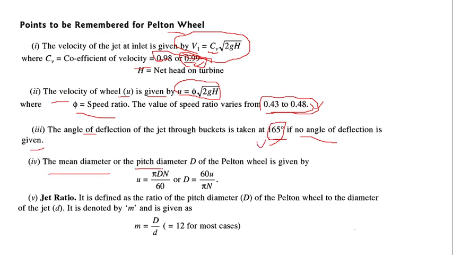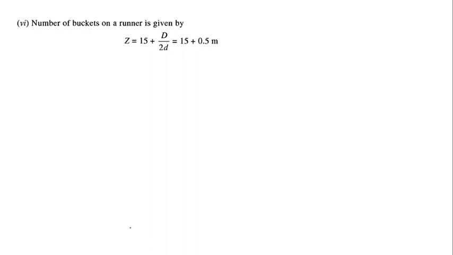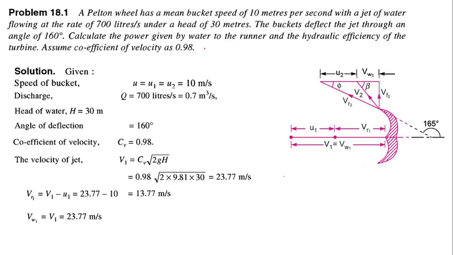The wheel diameter or pitch diameter D of the Pelton wheel is given by U is equal to pi D N by 60, so D is equal to 60 U by pi N. Jet ratio, the ratio of the pitch diameter of the Pelton wheel to the diameter of the jet, capital D by small d, is equal to 12 in most cases. The number of buckets on a runner is given by Z is equal to 15 plus D by 2d, where D is the pitch diameter of the Pelton wheel and d is the diameter of the jet.